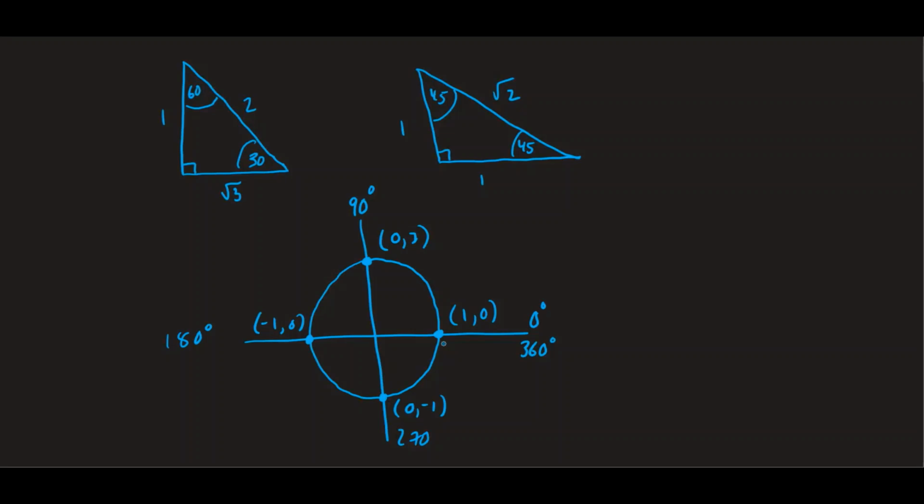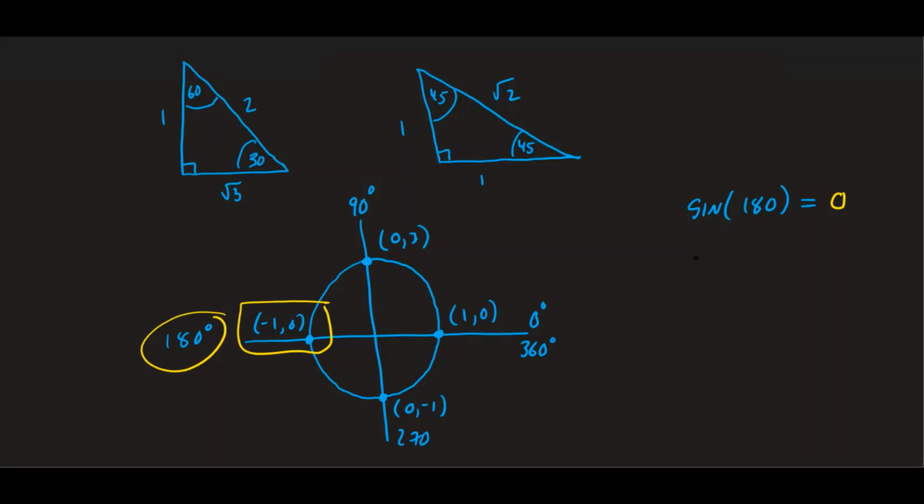So when you're evaluating a special value such as sine of 180 degrees, we know sine corresponds to the y value on the unit circle. 180 degrees is located right here. So we're looking at this terminal point, and we read off the y-coordinate, which happens to be 0. So sine of 180 degrees is 0.